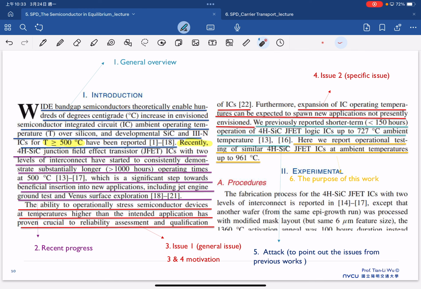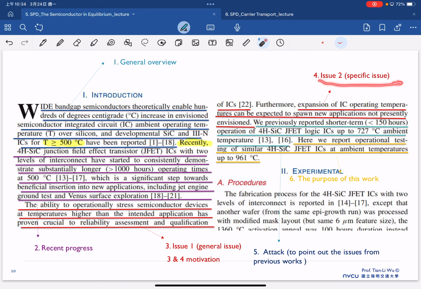Now once we finish the review, the next thing is that we need to talk about several issues that the already reported literature hasn't addressed yet. So usually we list issue 1 and then issue 2.